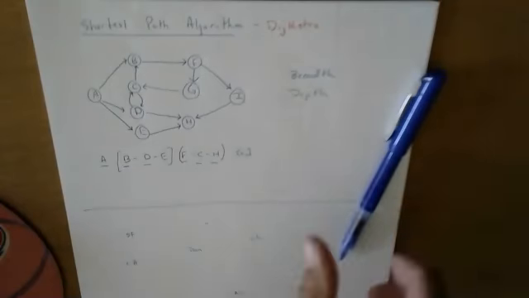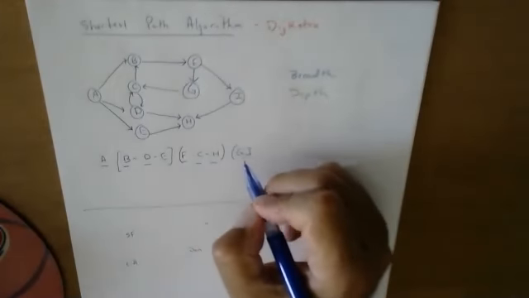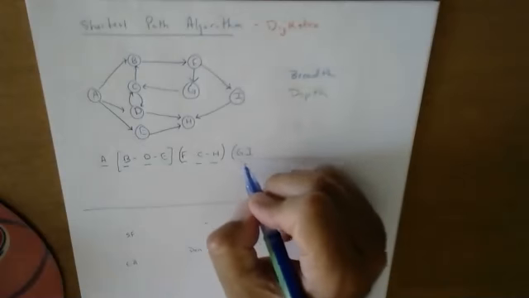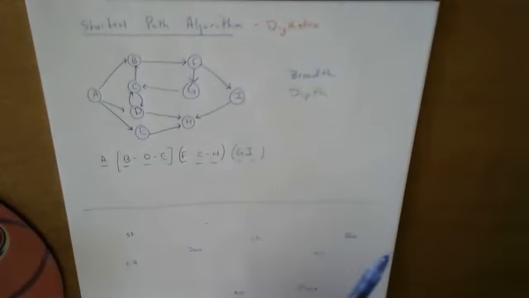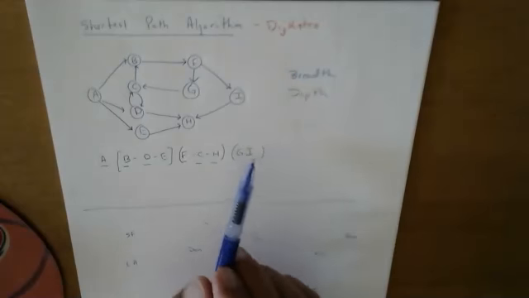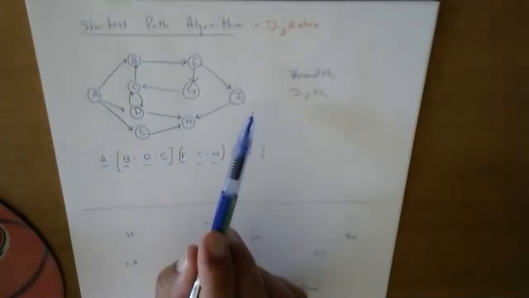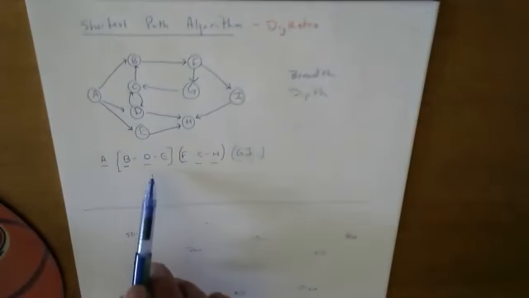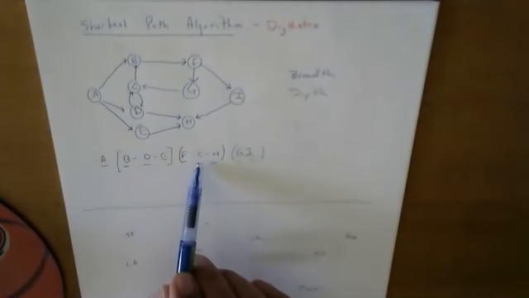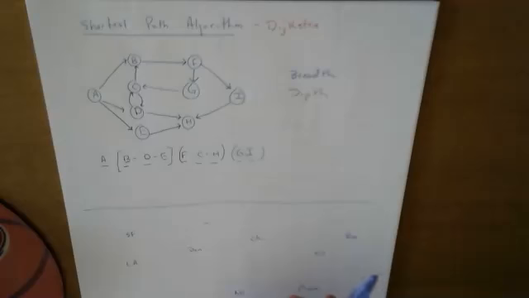Okay, now I move to my next group, G. G can go nowhere new, and I can go nowhere new. One of the things we said is that if we were actually coding this, we'd also want to know how many nodes there are, because I might be keeping a count, and all of a sudden I say, oh, I actually reached them all. I wouldn't have to check anymore.